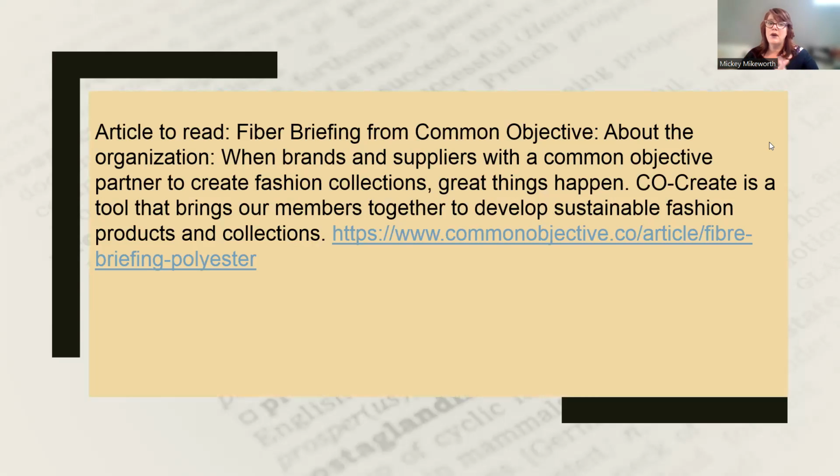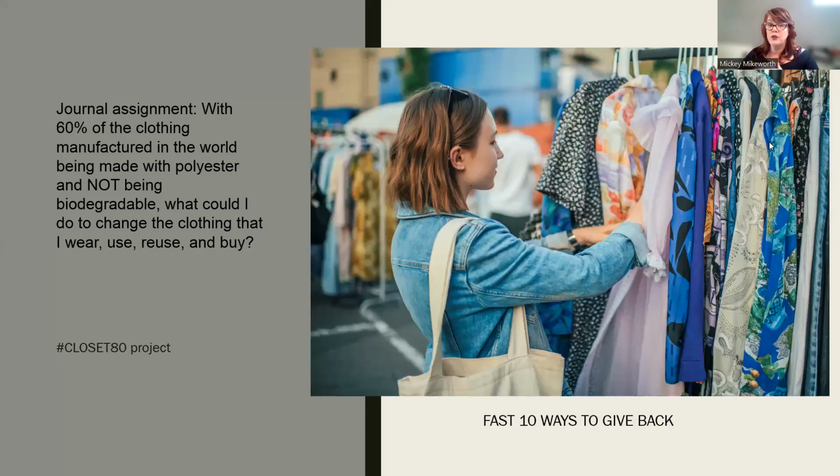This is a really great article around fashion. For those of you who have been following me on the Closet 80, this is really some of that co-creation that we're looking to build, with people who are willing to develop sustainable fashion products, who are doing sustainable collections. Fashion is a huge polluter. 60% of the clothing that is manufactured in the world right now is made with polyester, and it is not biodegradable.